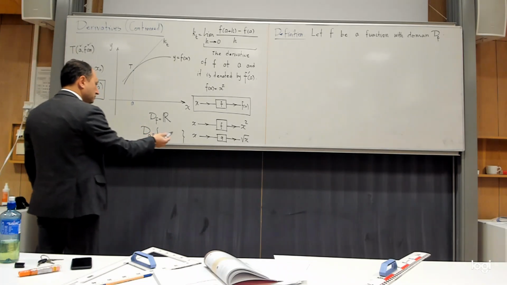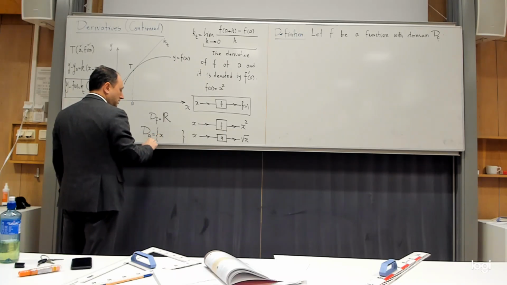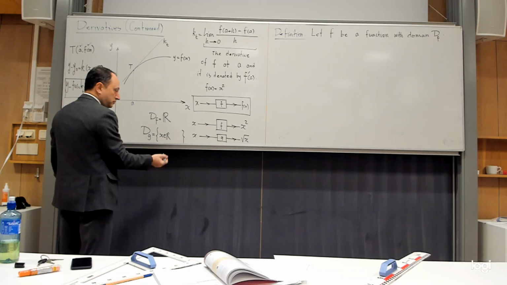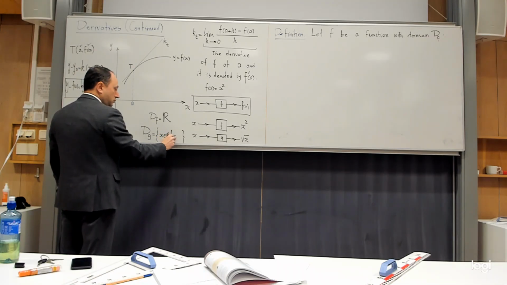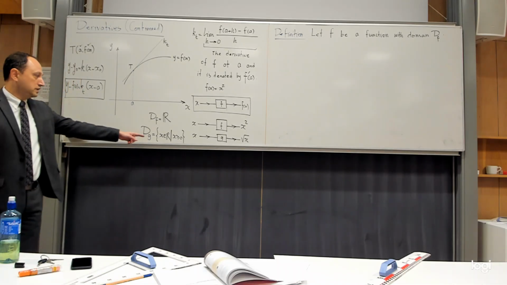And then how do you express it? It becomes: all x coming from the set of real numbers, you remember this means belongs to, such that x is greater than or equal to 0. Yes? So that is the domain of this function g.